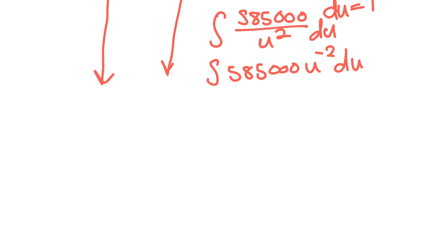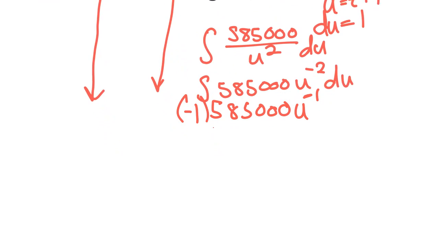And keep moving down. Now I can increase the exponent, so 585,000, u to the negative 1, and then 1 over negative 1, so that's a negative 1 out front. And now let's bring all that stuff down from up here.